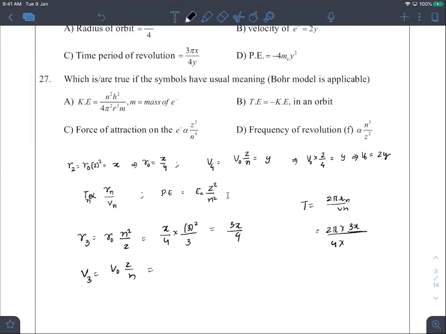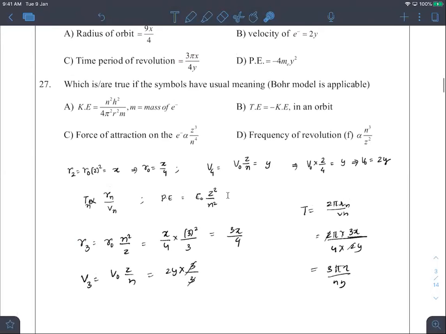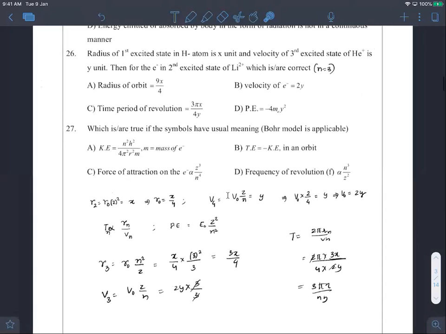So V naught we already got as 2y, z is 3, n is 3. So 3 will get cancelled. So that will be 2y. Okay. So this 2 will get cancelled. So 3 pi x by 4y. So that is coming. Yes, correct. Now I think all of you got that. Ishan, you understood that beta?